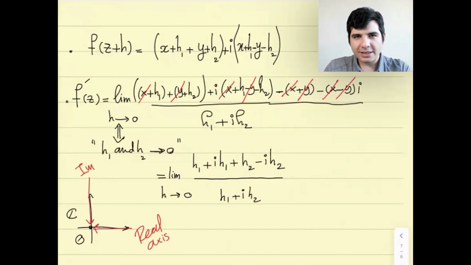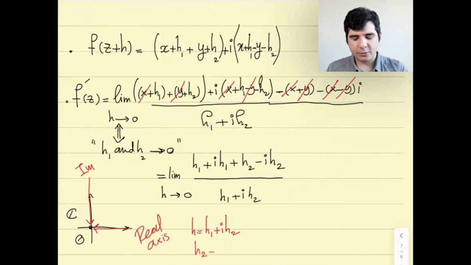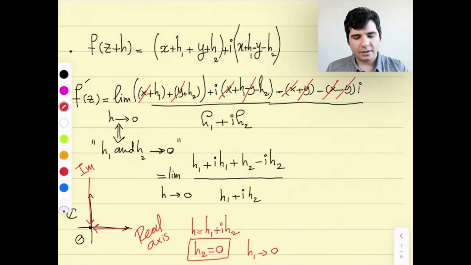Okay. So what is the real axis? The real axis means the imaginary part of h is 0, right? h is equal to h1 plus i h2. So if I assume that h is going to 0 along the real axis, it means h2 is fixed equal to 0, and h1 is going to 0. So it means we are going to 0 here.